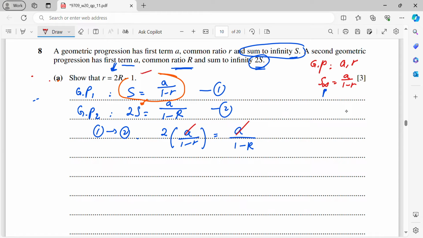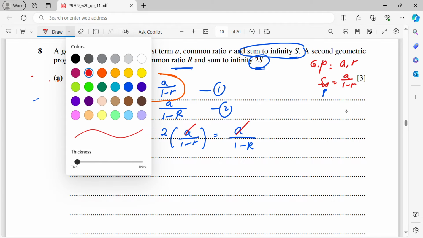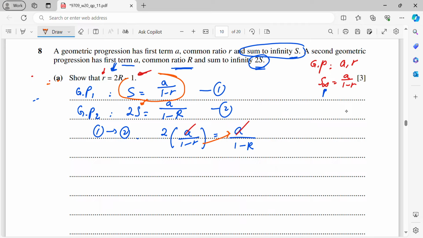Now to get this, I need to get the lowercase r as the subject, which means the easiest way is to cross multiply. So I will get 2 times 1 minus capital R equals 1 minus lowercase r. Then just do expansion: 2 minus 2 capital R equals 1 minus r.